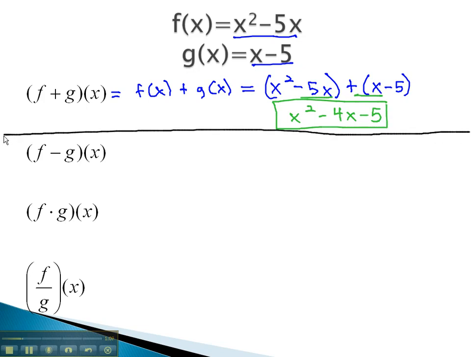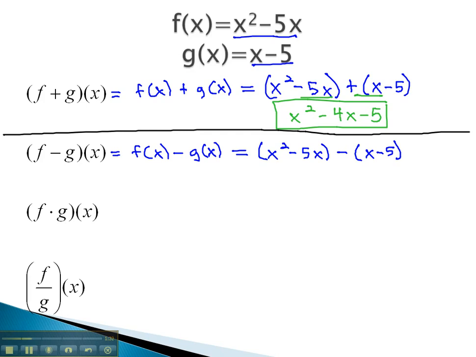Let's take a look at subtraction. Subtraction means take the f function and subtract whatever the g function is. We'll do this by replacing the f(x) with what it is, x squared minus 5x, and then we'll subtract the g(x) function, the x minus 5.